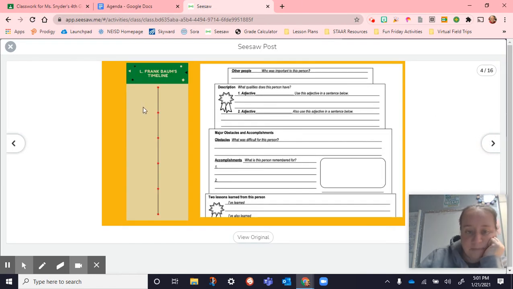The next thing we talked about is the timeline. We don't always see timelines that are vertical, so we stopped and talked about this one. We decided that the top up here is going to be when he was born, and then as we go down, this is when he dies. This whole middle part right here, one of our students recognized that there were 1, 2, 3, 4, 5 spaces here.